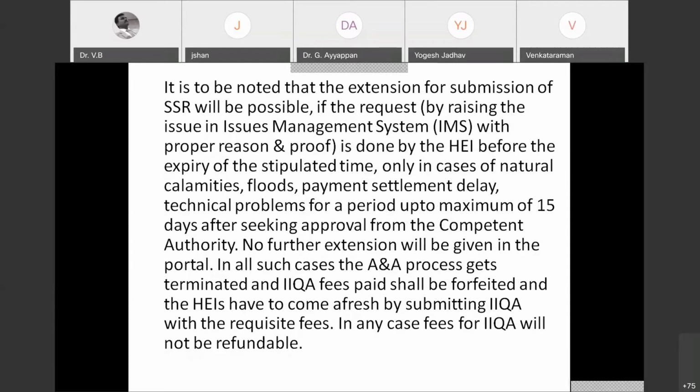However, NAAC says that although extension of this 45 days time for SSR is not possible, if the request is raised with the issues management system with proper reason and supporting proof, only in case of natural calamities or floods or technical problems, then they can give you an additional 15 days.